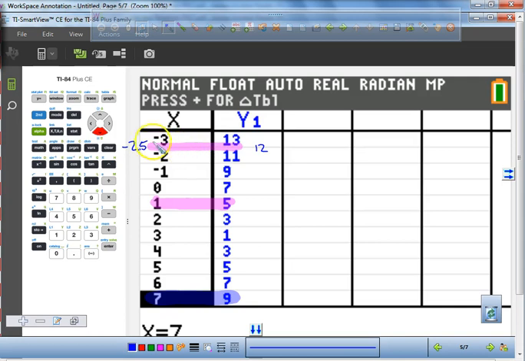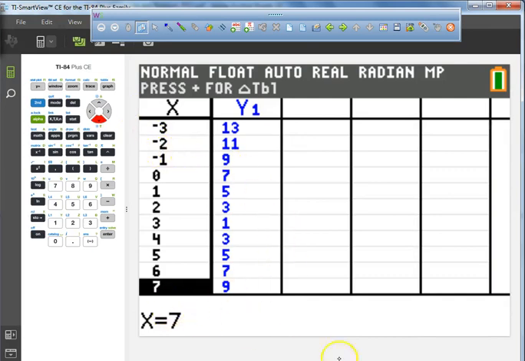What if I wanted to check the negative 2.5 on the table? What are the keystrokes to be able to do that quickly? How can I check negative 2.5? Tell me where do you go?